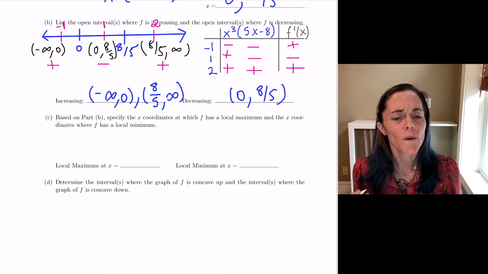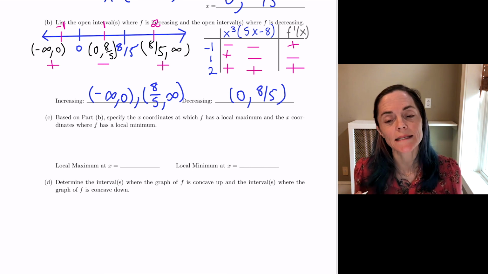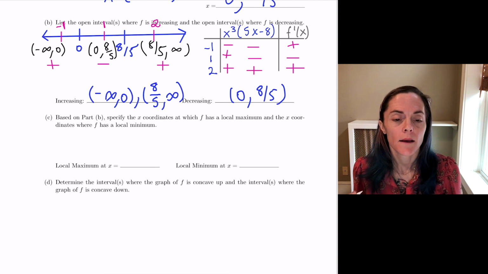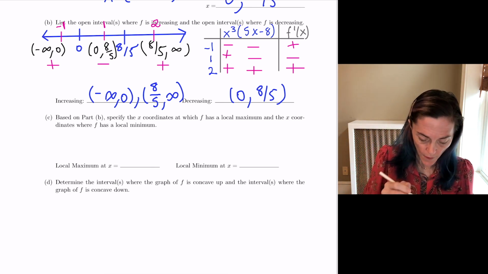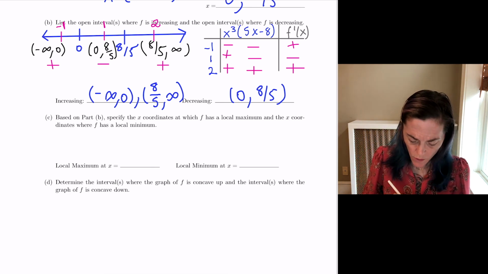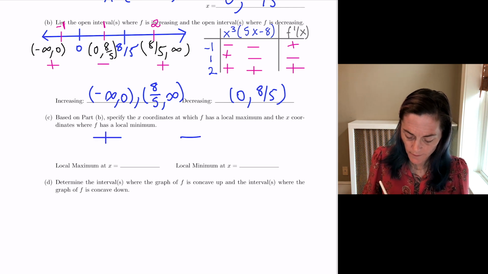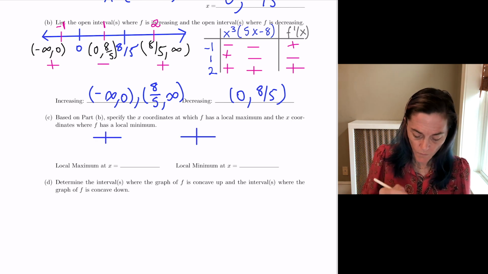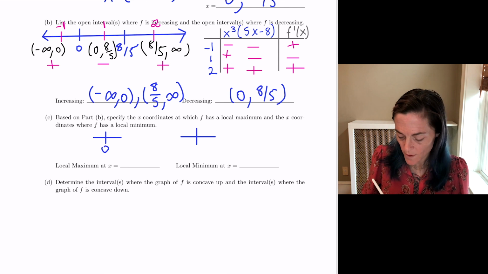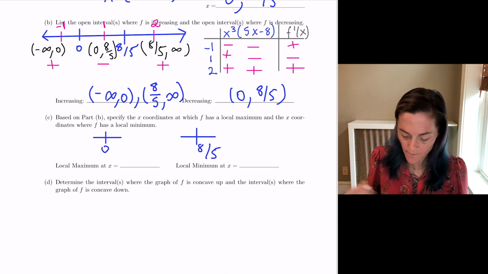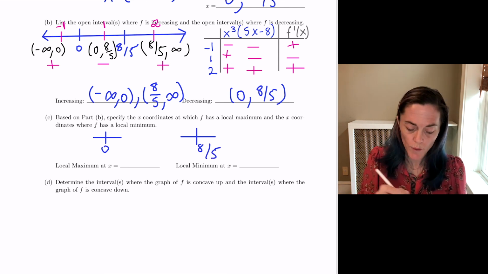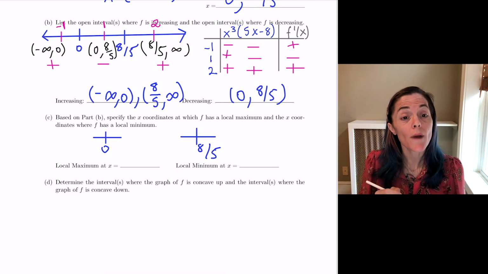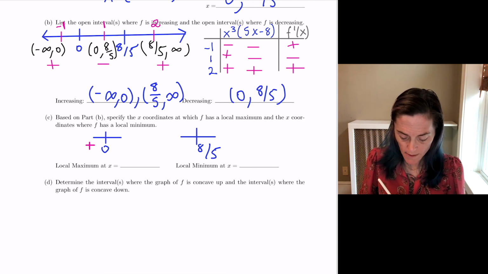Next part, we want to specify the x-coordinates in which the function has a local max and local min. Okay, so let's test our critical numbers. We have 0, we have 8 over 5. Now I typically just recopy. So around 0, we have plus, minus.